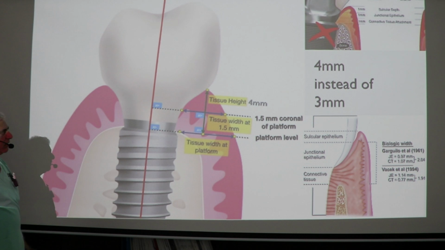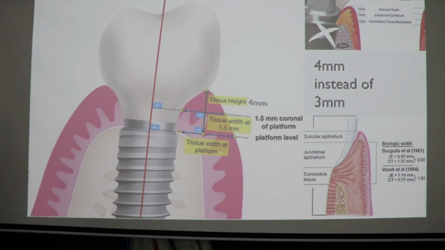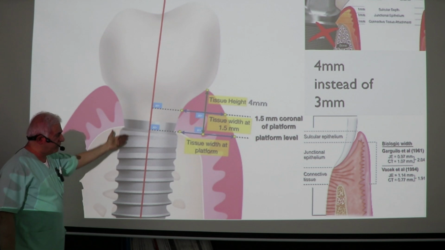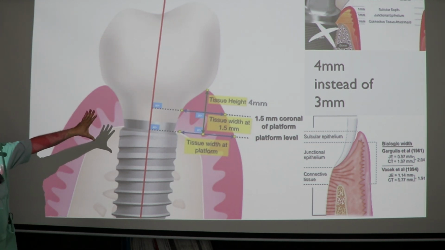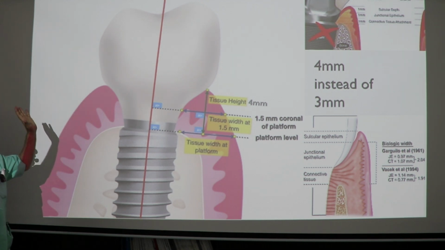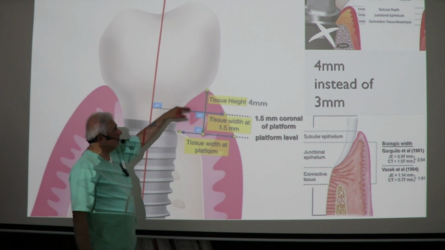Now 4 millimeter, if you have a very thick gingiva, it's okay, but the 5 millimeter is the safest. Sometimes if you want to place 5 millimeter, you have to place the implant very deep, and you are not very comfortable that deep. 4 can be the minimum. So between 4 and 5 you have to decide where to place the implant based on the gingival margin.